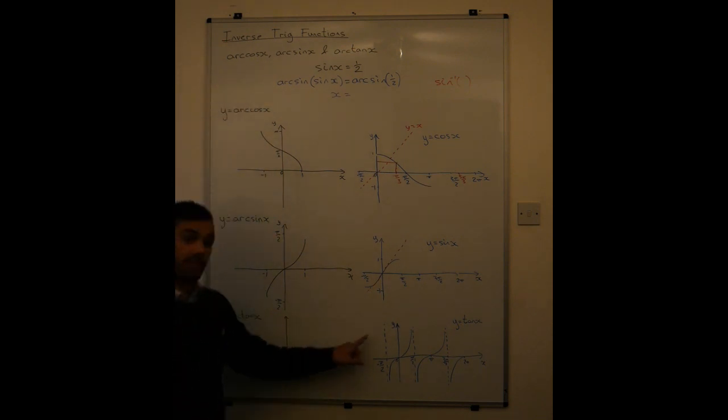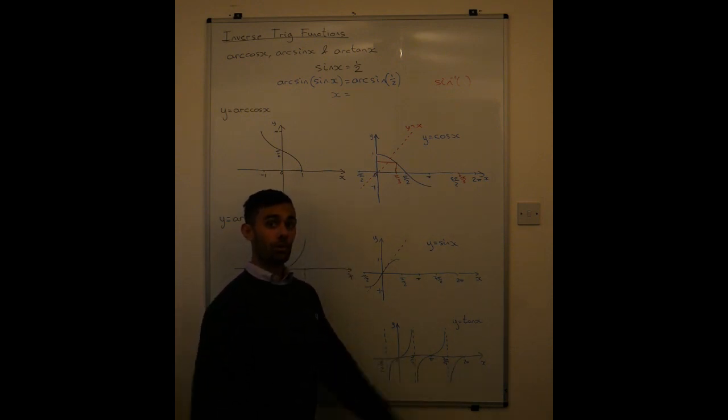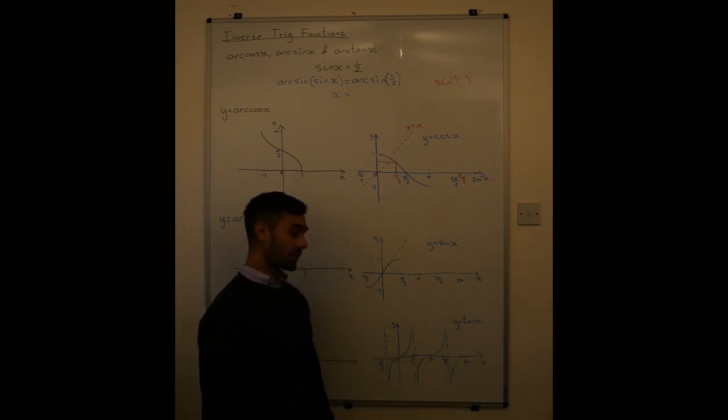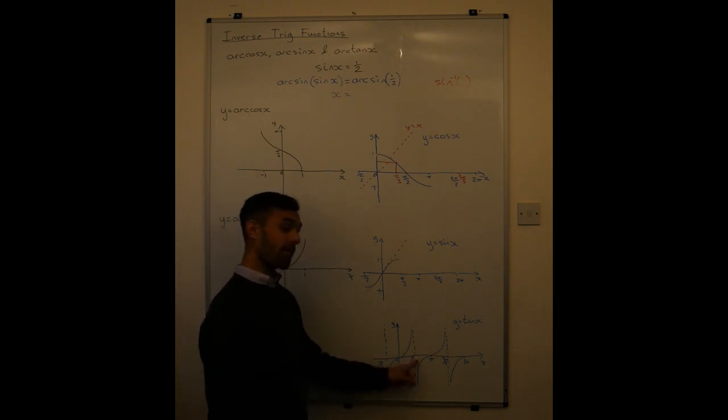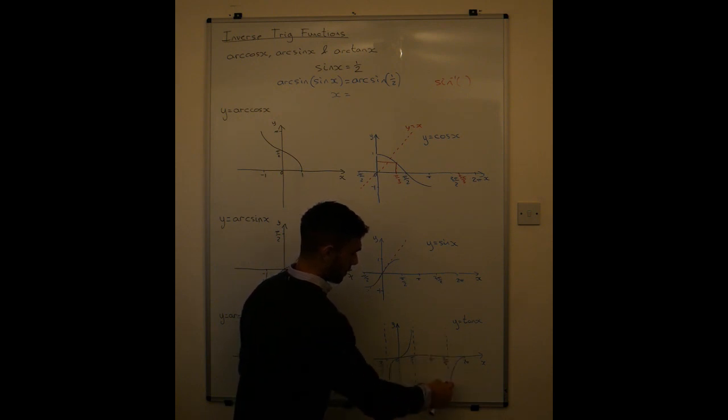Well, let's have a quick look at tan. Same problem, tan is also many-to-one, so we're going to restrict it. We're going to cut off everything after pi over 2. There we go, let's get rid of all of that. Let's get rid of the asymptote.